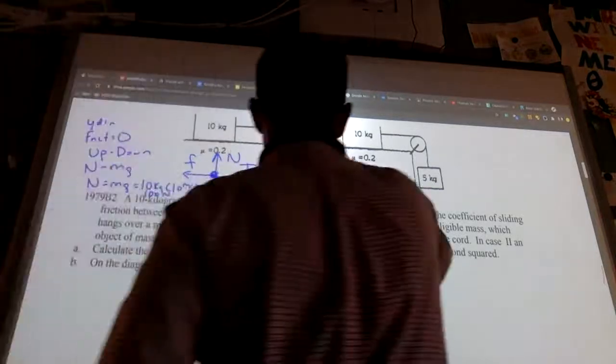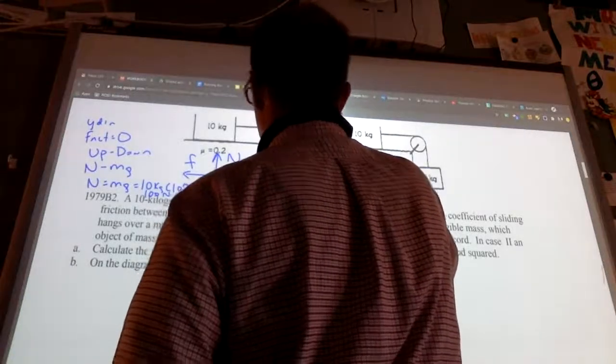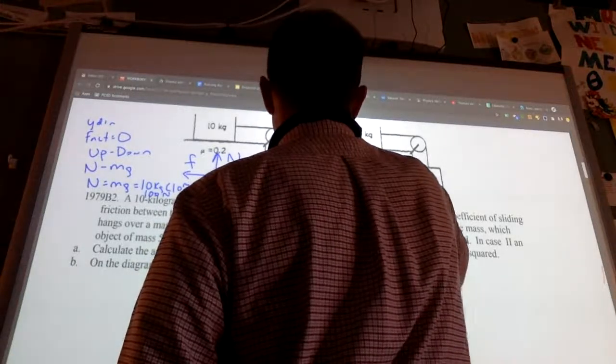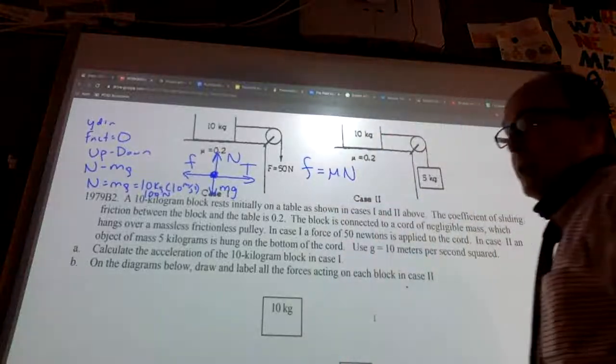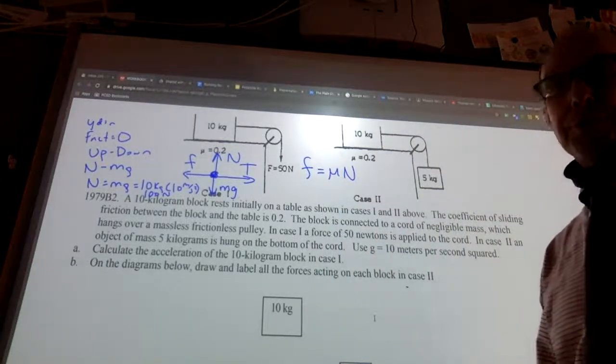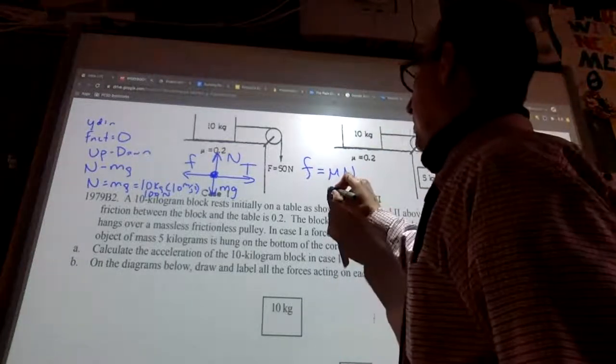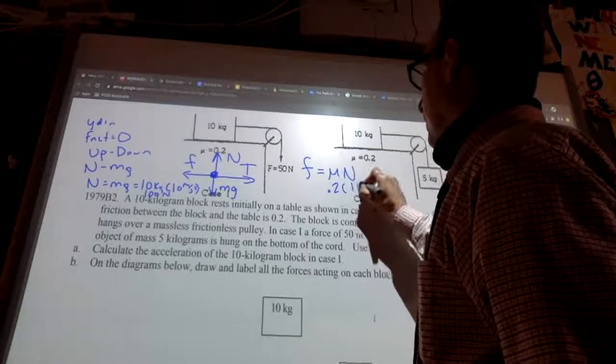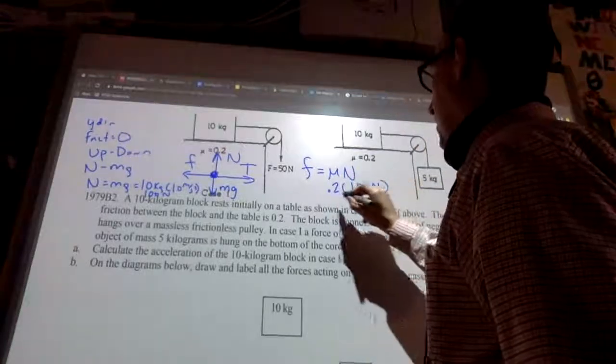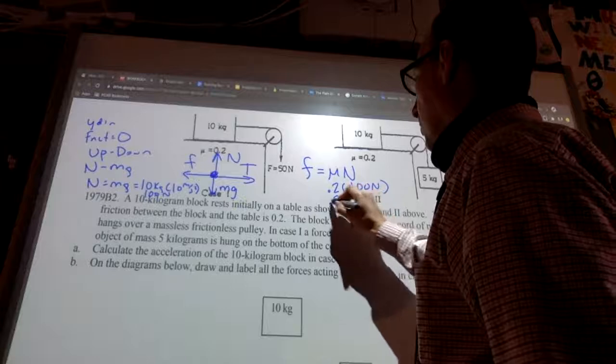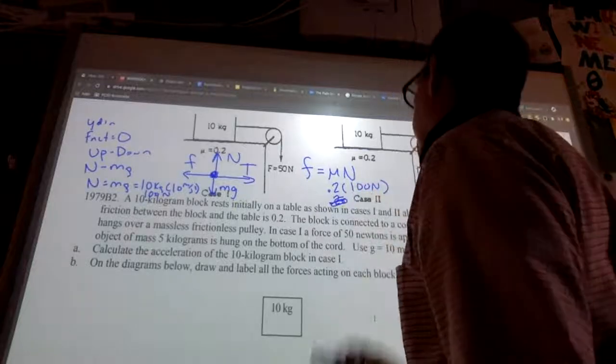All right, so now I'm going to calculate my friction, which is going to be equal to mu n because it's a sliding friction. So this is going to be 0.2 times 100, which is going to be 20 newtons.